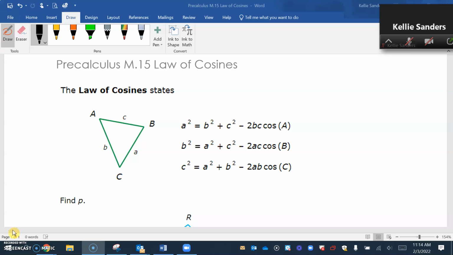Now, this looks really confusing, and I understand that, but just look at it, and it's super duper easy.